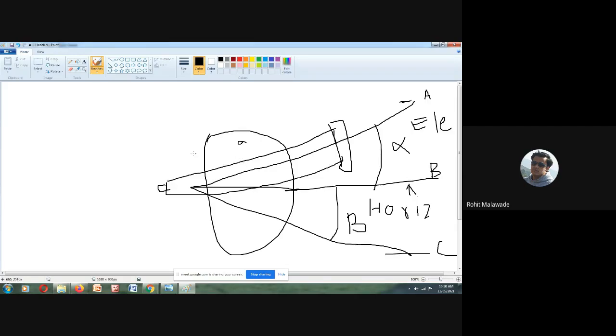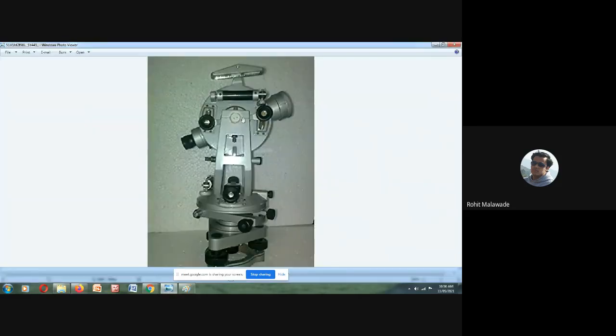Then I will check the readings of both verniers, here there are two verniers on the vertical circle, and note them down.